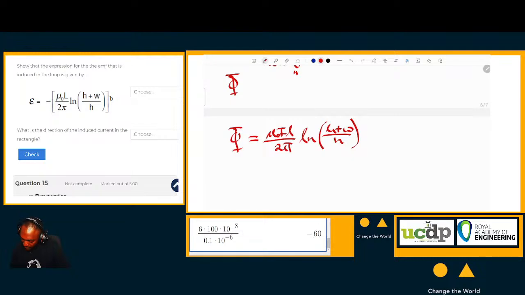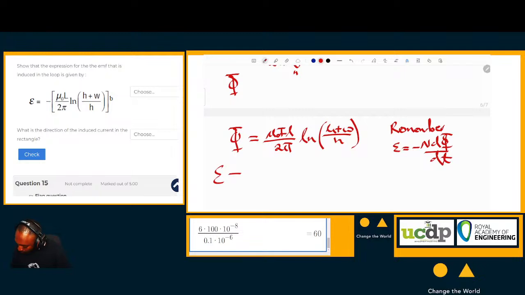And remember, this is phi, but we're looking for EMF, right? So remember, EMF E is equal to negative N dφ over dt. And we have got phi, so now we have to differentiate that.